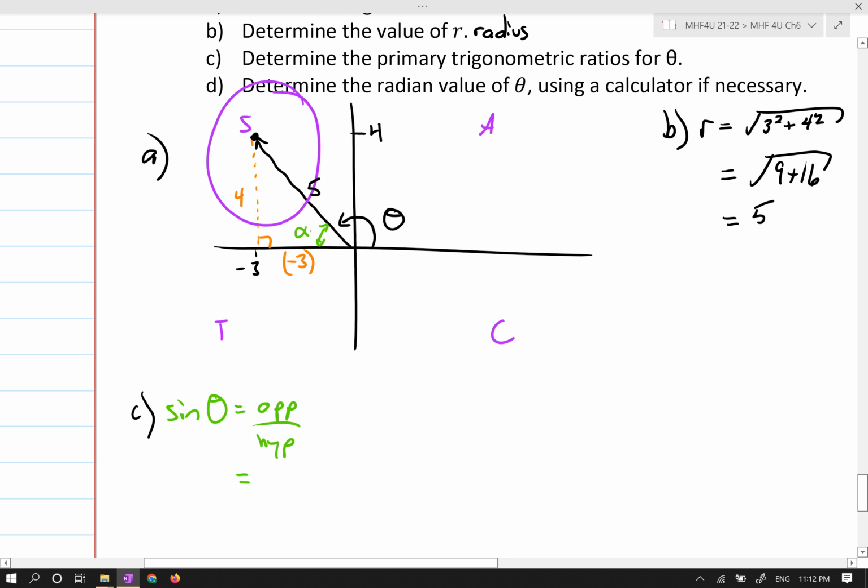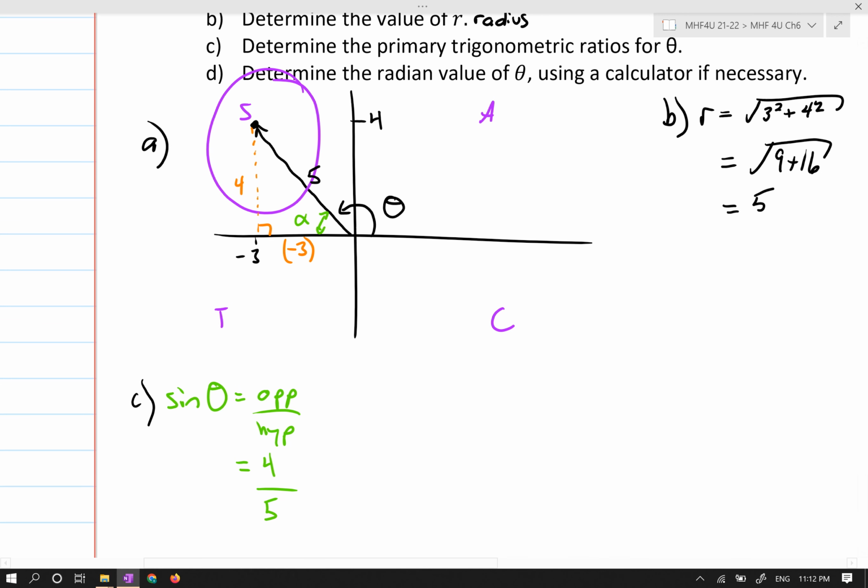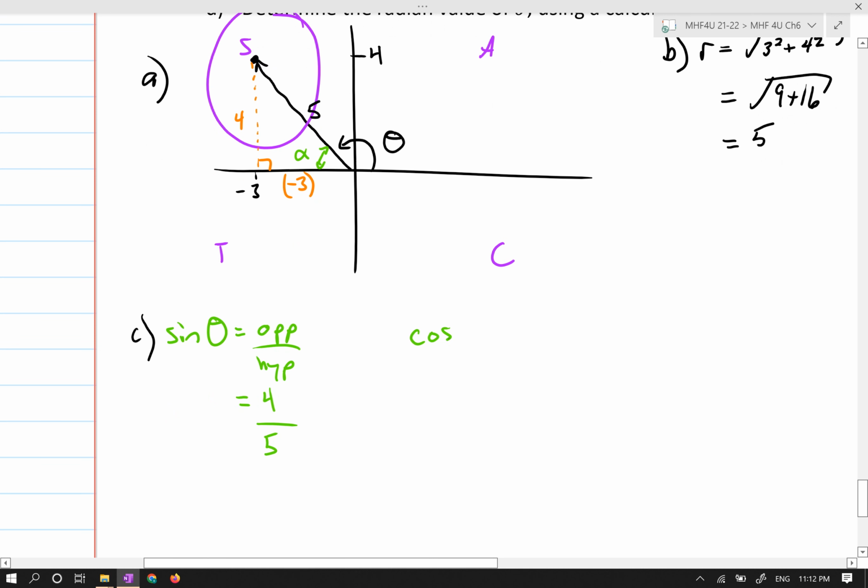So my opposite side to the angle alpha, that's 4. My hypotenuse is 5. Our radii will always be positive, so whenever you are calculating a radius, it's always going to have a positive value. Good job, us.